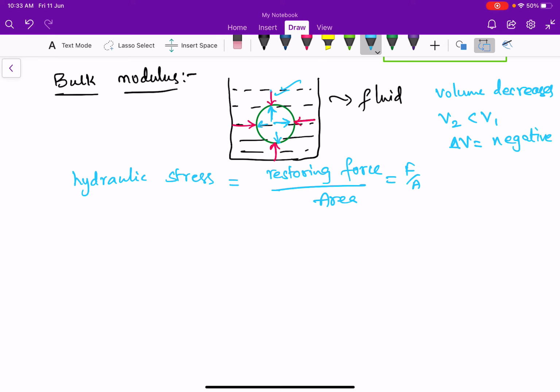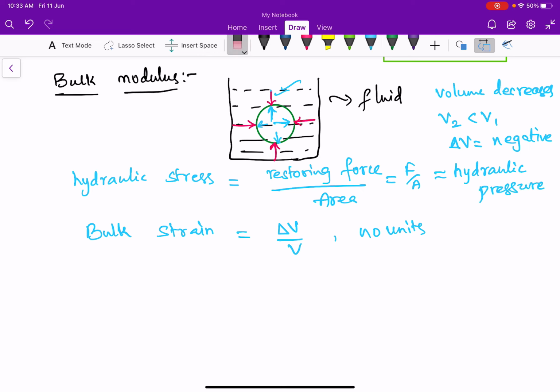What is changing here? Volume is changing. So bulk strain, or hydraulic strain, or volume strain, is given by delta V by V, which has no units, whereas hydraulic stress is equivalent to the magnitude of hydraulic pressure. For pressure, the units are Newton per meter square or pascals.